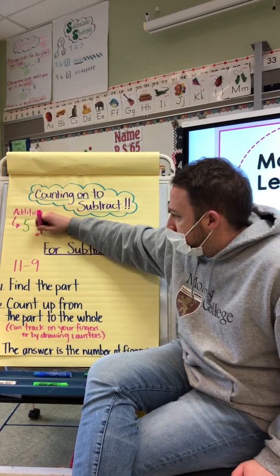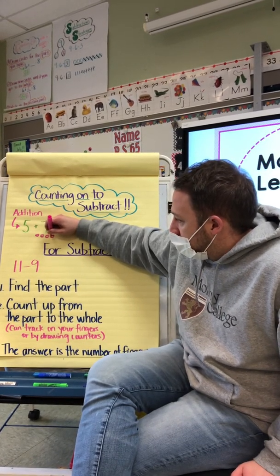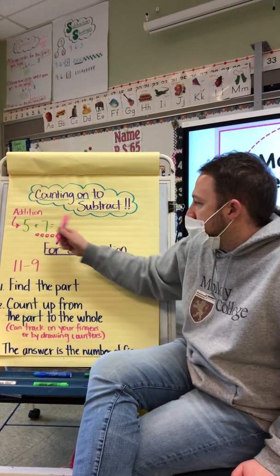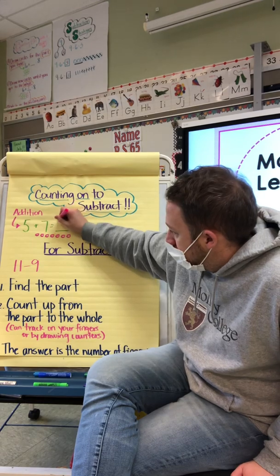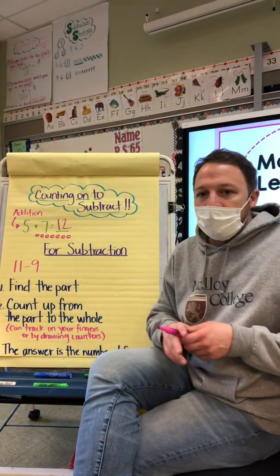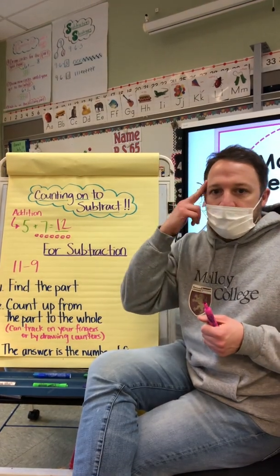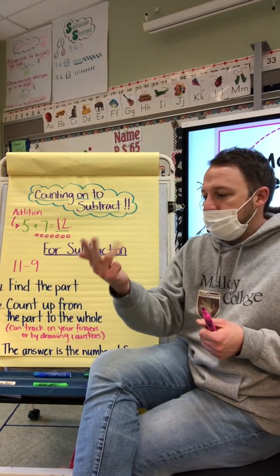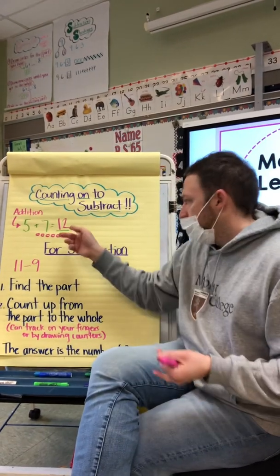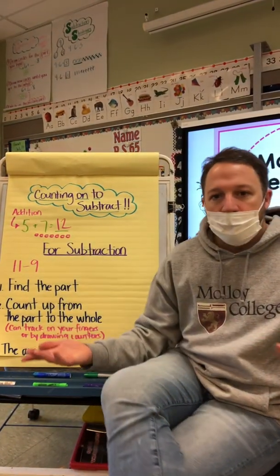With the first counter, 6, 7, 8, 9, 10, 11, 12. 5 and 7 is 12. That's usually how we count on. Or you could say, put 5 in your head, 6, 7, 8, 9, 10, 11, 12. We added 7 fingers. Our answer is 12. That's normally how we count on.